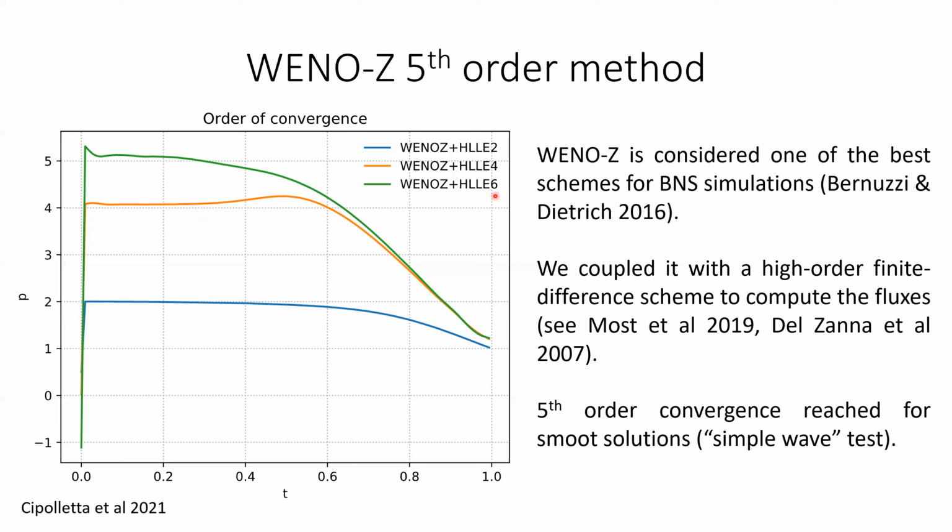When you start using a sixth order HLLE, at this point your convergence is limited by WENO-Z, which is fifth order, and so you get fifth order convergence. Of course, in order to have fifth order convergence, you also need to use a high order Runge-Kutta method. In this case, we use a fifth order Runge-Kutta method. As I said, this at the moment is only implemented for the hydro quantities, so we don't have fifth order convergence for magnetized scenarios.